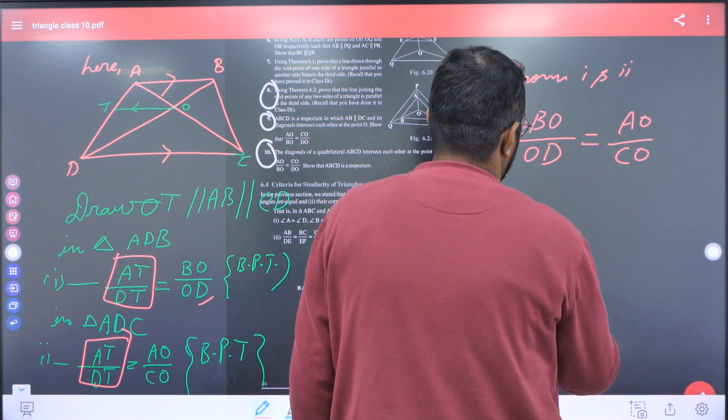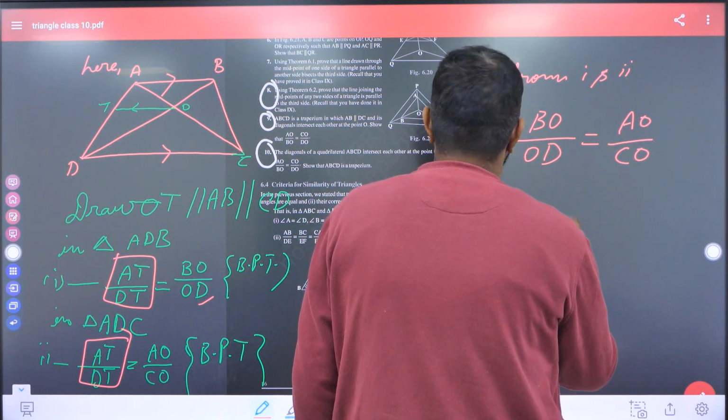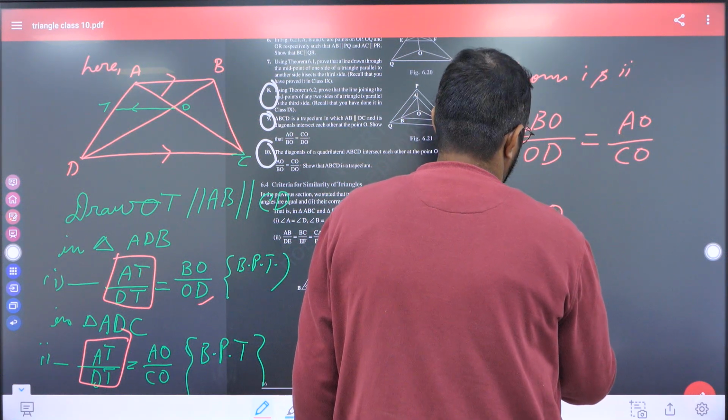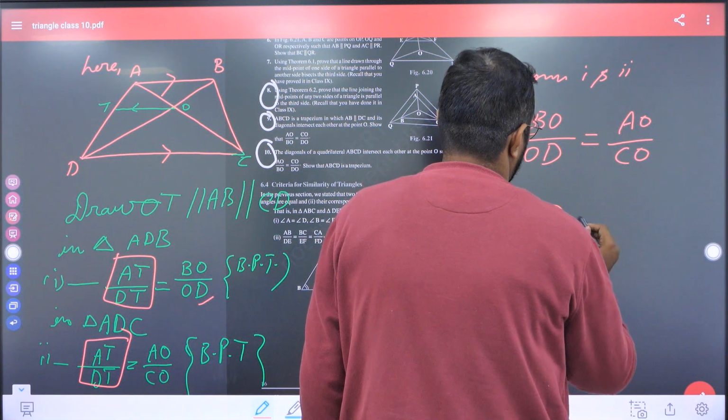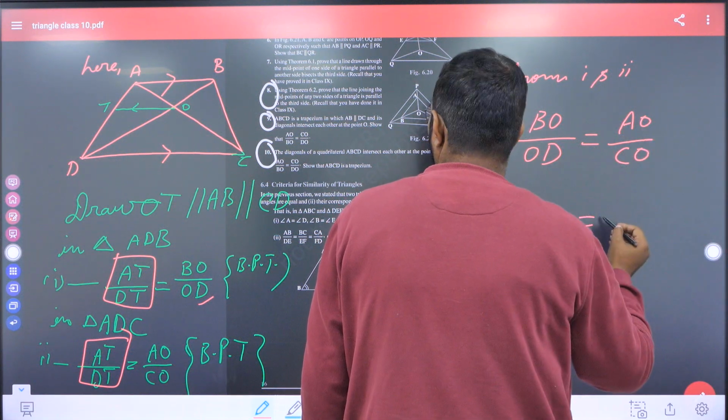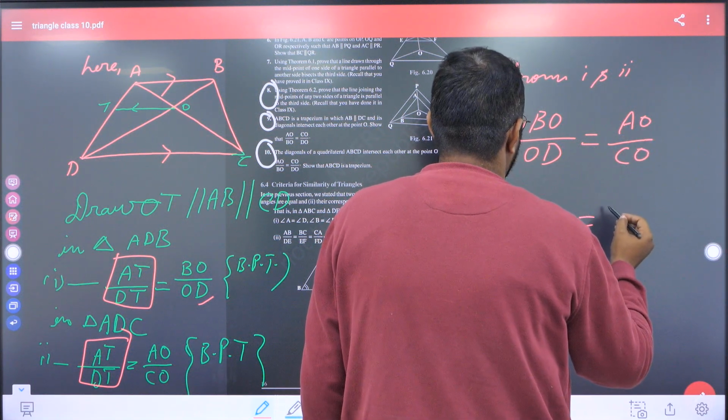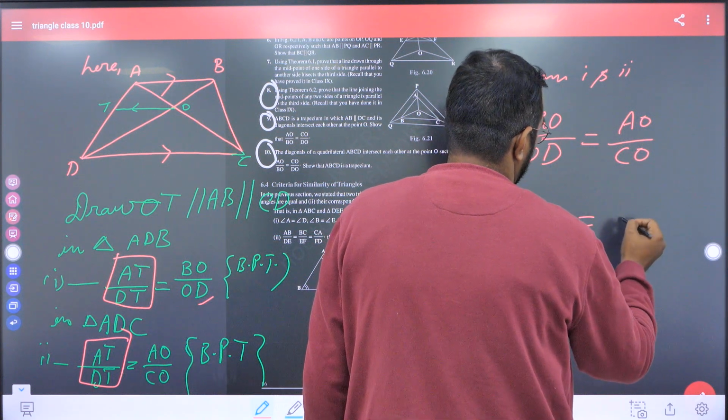Cross multiply करने को BO into CO is equal to CO upon OD is equal to AO upon BO.